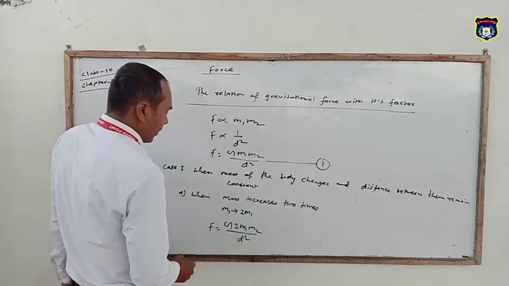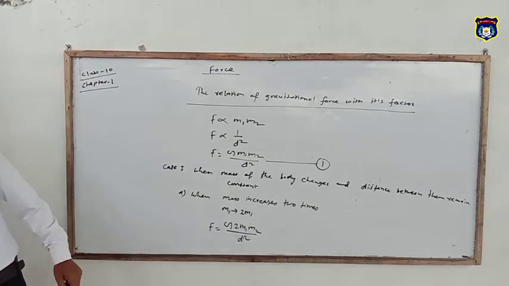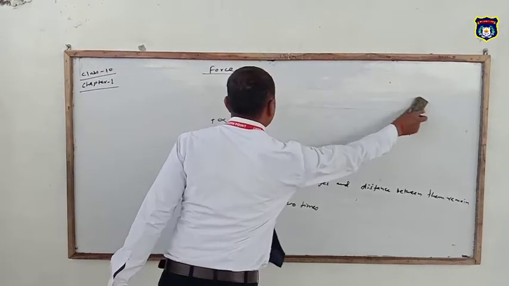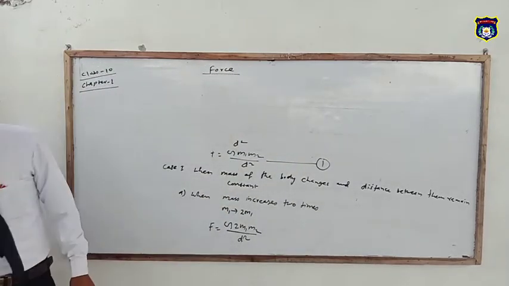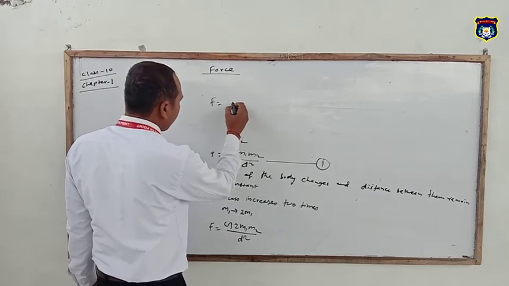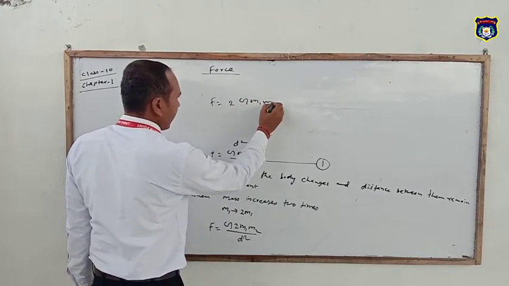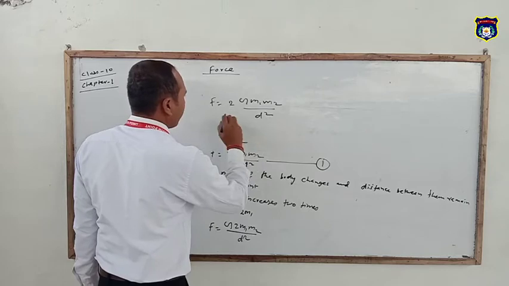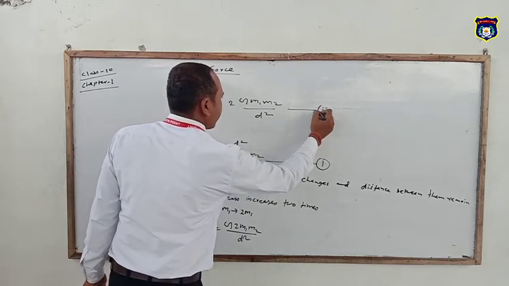Okay. Then again F is equal to 2G m1 m2 by d square, and this becomes the second equation.